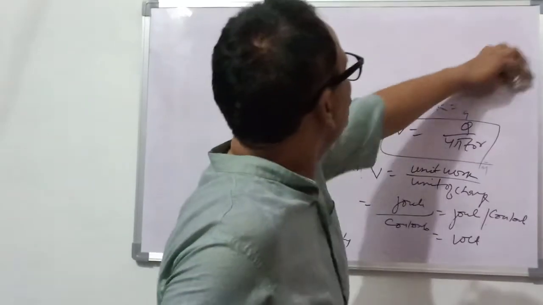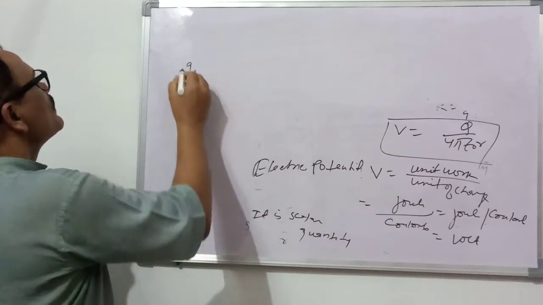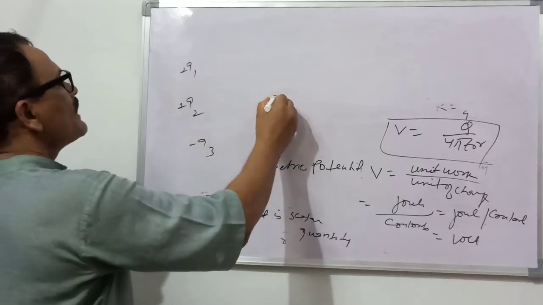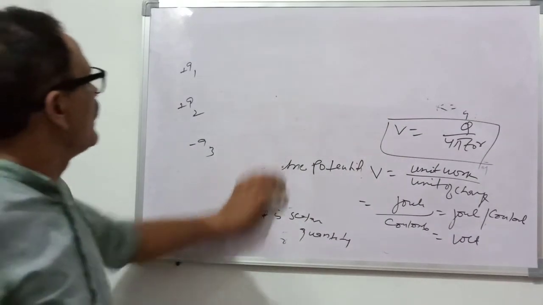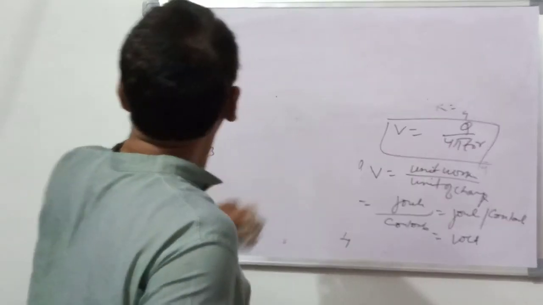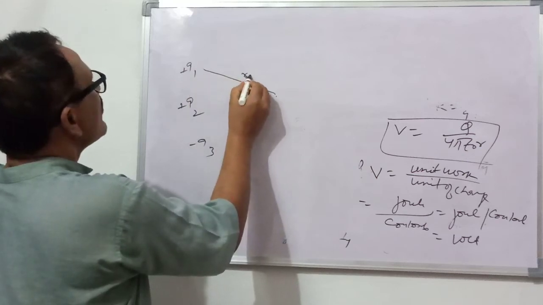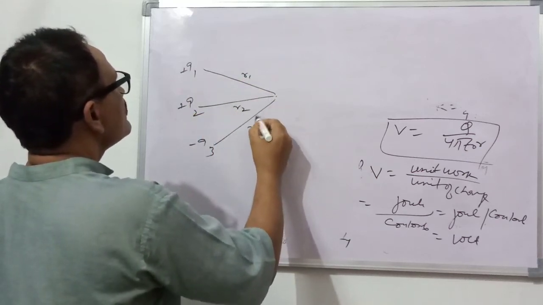Suppose there are so many charges: Q1, Q2 positive and Q3 negative, and at this point you have to calculate the electric potential. Suppose the distance of this point from Q1 is r1, from Q2 is r2, and from Q3 is r3.